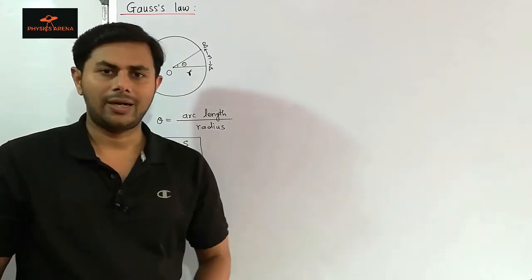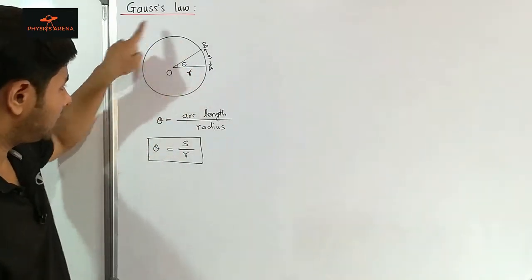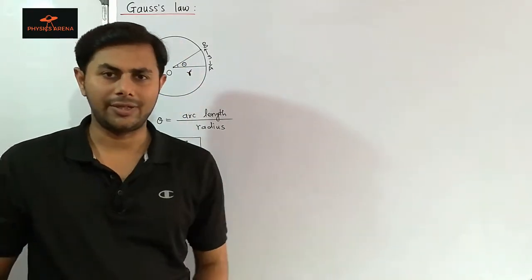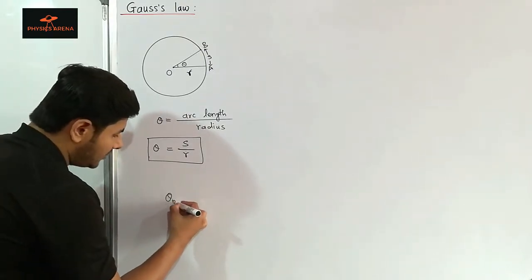What would be the angle subtended by this complete circle, by the circumference of the circle at the center? I will call it theta max.